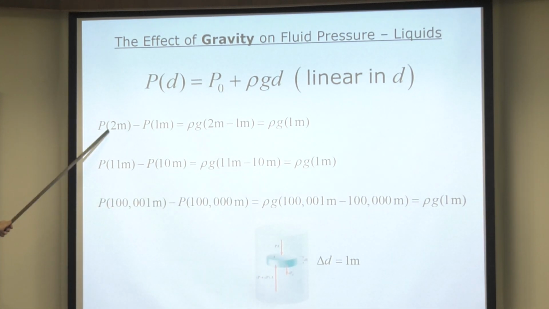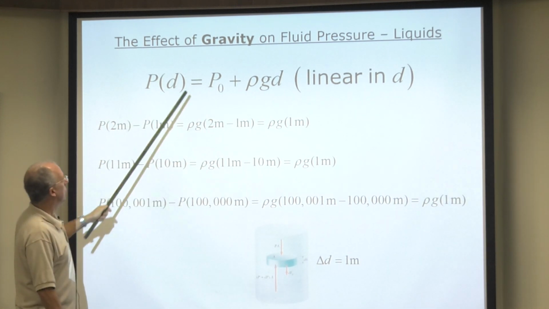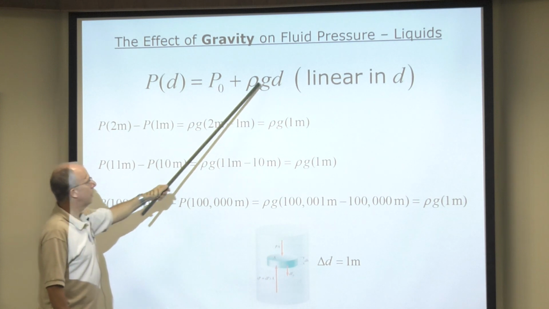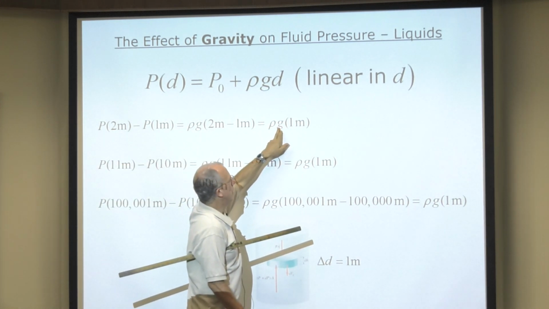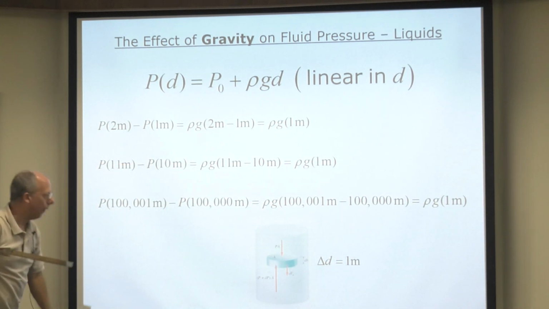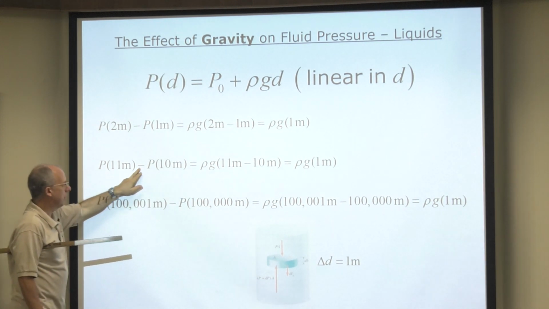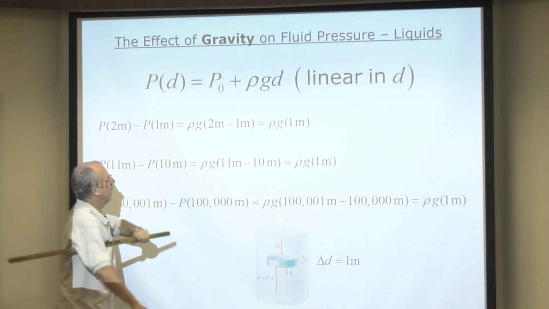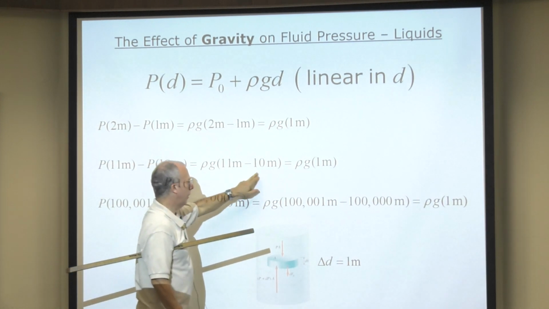We'll just plug in the formula, so this subtracts, and then you just put in d, 2 meters minus 1 meter, and you get rho g times 1 meter. Okay. Now let's say we go 10 meters down, or 11 meters down, whatever. So the pressure at 11 meters minus the pressure at 10 meters. Again, this cancels. You just put in here rho g times 11 meters minus 10 meters. You get the same answer.